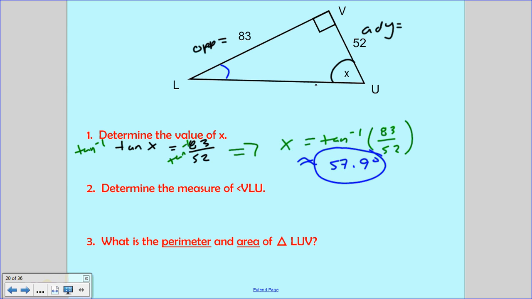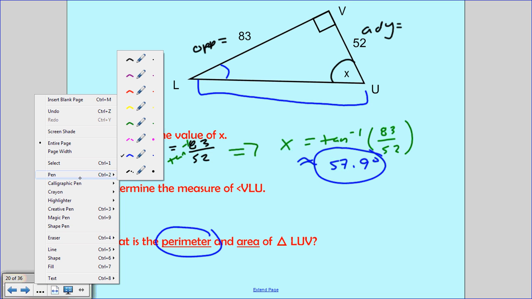Well, first you need to find the missing side, LU, using Pythagorean's theorem. So when you find LU using Pythagorean's theorem, then for your perimeter, you need to add all three sides.